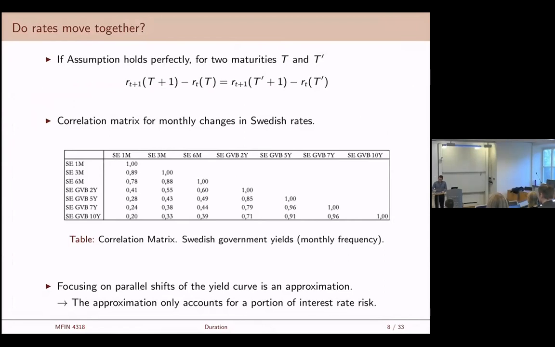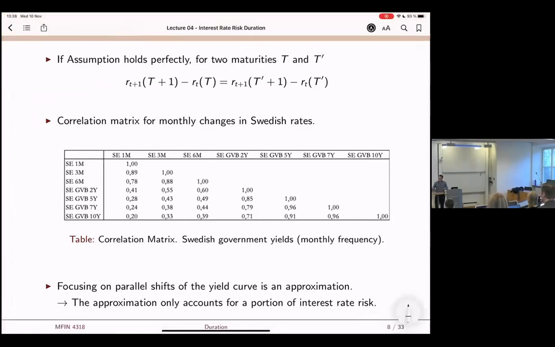So if that were true, and you take two different maturities, let's say 2 years and 10 years, and you look at how the 2-year rate changes over time, here you have the change in the 2-year rate, and here you have the change in the 10-year rate. From one period to the next, how did this rate change? If our assumption of a parallel shift of the yield curve were right, whenever the 2-year rate moves in a certain way, the 10-year rate should move in exactly the same way.